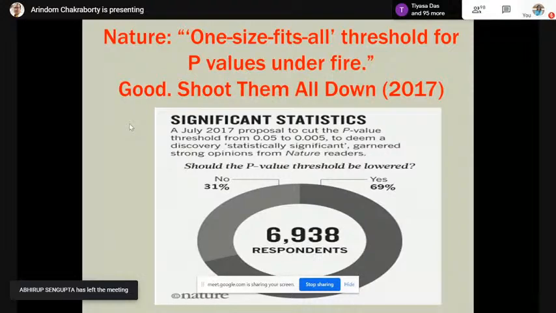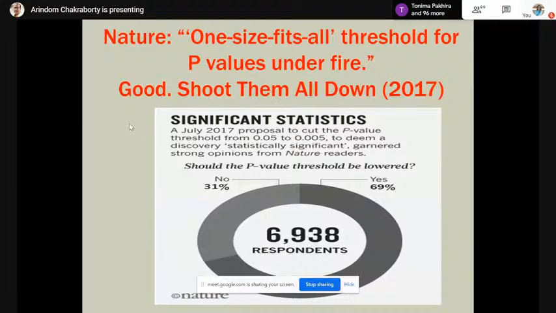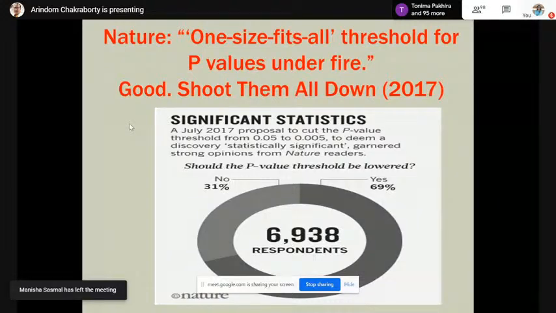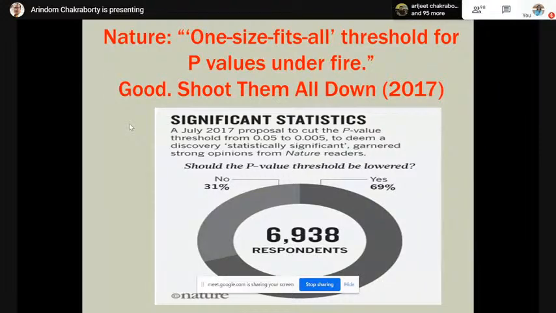In 2017, Nature did a survey, and they wanted the threshold to go from 0.05 to 0.005. It's just an example to say that this choice of 0.05 is very arbitrary, and you cannot ask all disciplines to follow this norm.